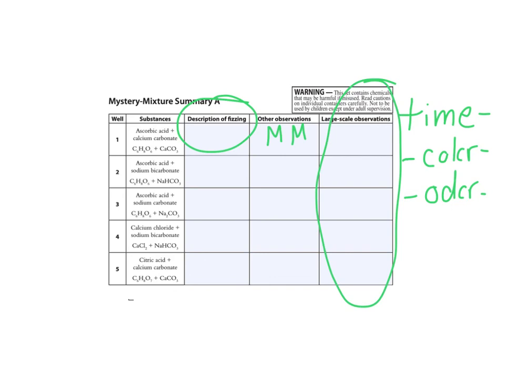But again, make your 7 combinations and take very close detail of which one looks most like the mystery mixture. Hint: do the mystery mixture observation 2, 3, 4, 5 times. Do it in between some of these. That way you can compare really easily. You don't have to remember from 5 minutes ago.